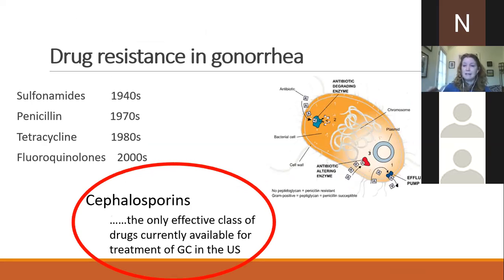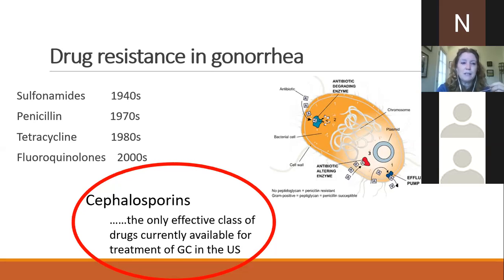This is a really smart bug because once it develops resistance to one antibiotic, it keeps that. So for example, it developed resistance to sulfa drugs in the 40s, and then in the 70s, it was resistant to sulfa and added penicillin. And then in the 80s, added tetracycline.